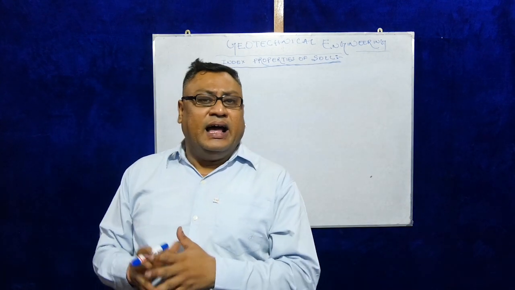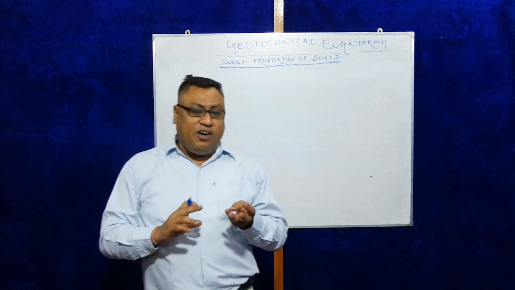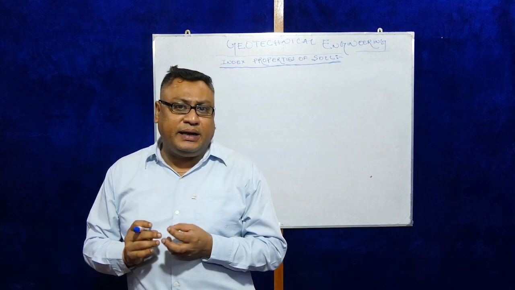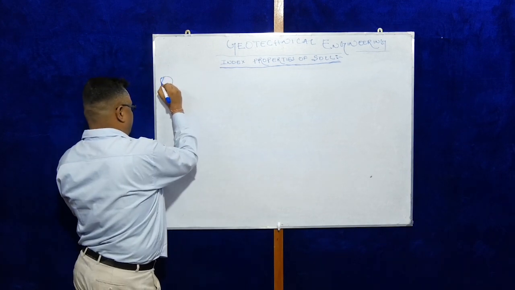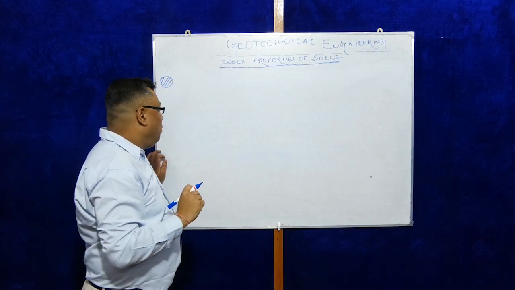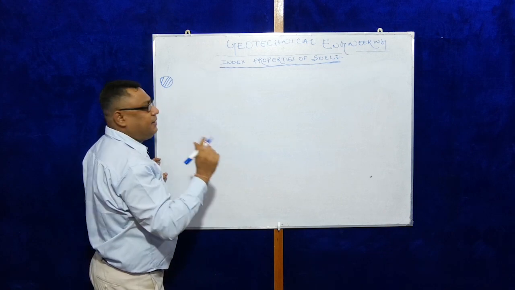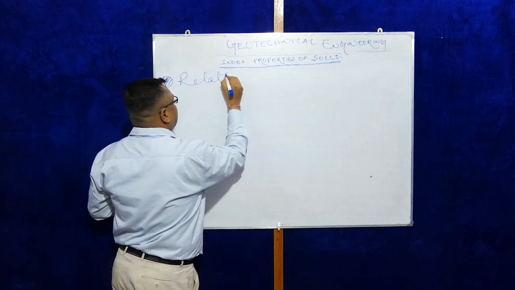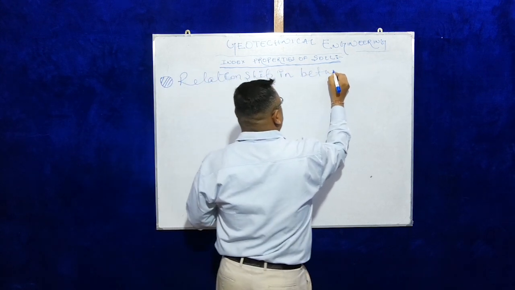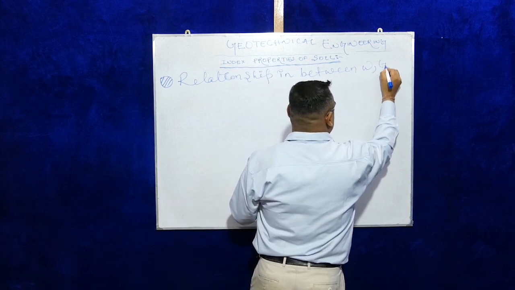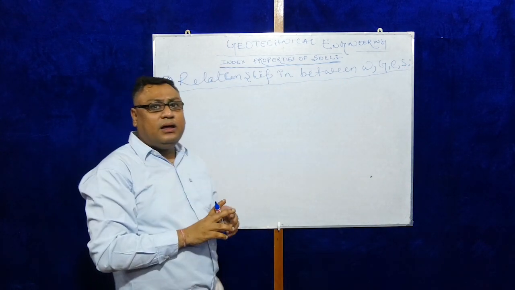The next topic is relationship between various properties of soil, such as unit weight, density, void ratio, porosity, specific gravity, water content, etc. First, we are establishing the relationship between omega, G, E and S. Omega means water content.